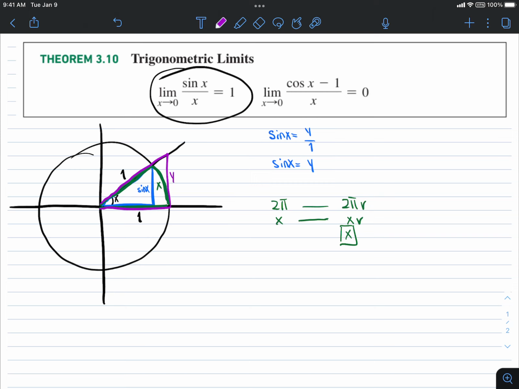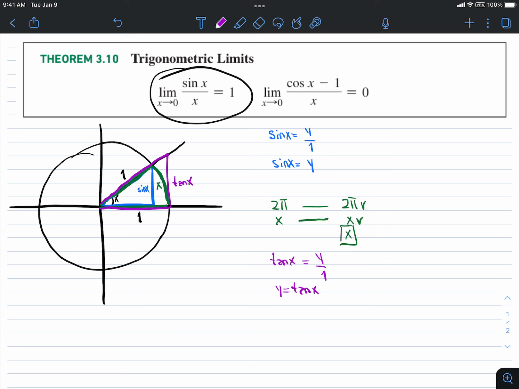If I call this last outer value y, I know that the tangent of x, looking at this purple triangle only, is the opposite over the adjacent. So it's y over 1. So y is the tangent of x. So this vertical length is actually tangent of x.